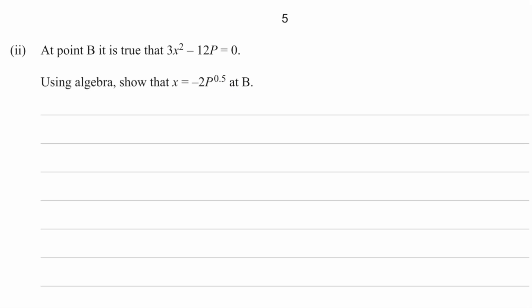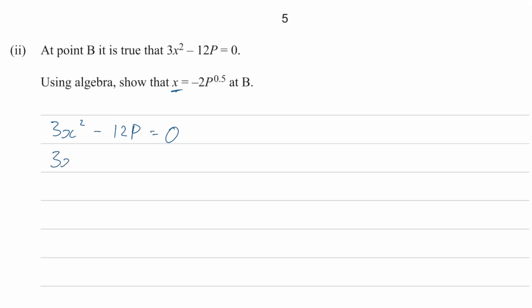So all we're doing here is taking this equation and solving for x in terms of P. So it's rearranging again. We're given an equation and we're asked to show, well, if that equation is true, show that in fact the x value of B equals this number, right? Where P is just some number, so that whole thing is just some number.